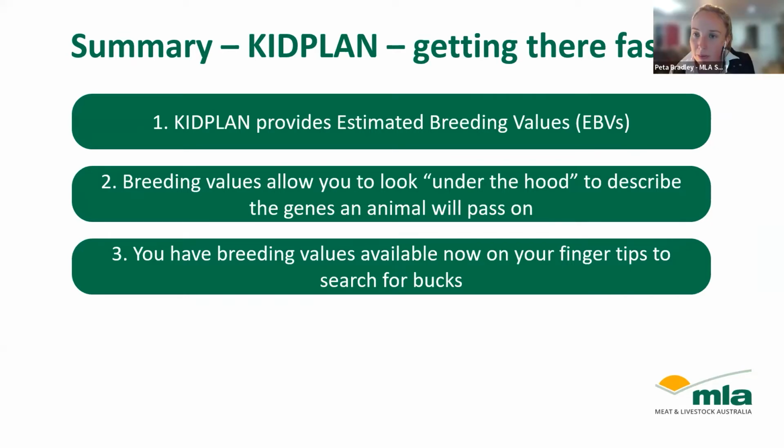Those EBVs allow you to look under the hood, using that car analogy I spoke about before, at what genes an animal will pass on to its offspring. I really recommend jumping on and having a look. If you're new to EBVs or understanding KidPlan, jump onto the search site on your computer or mobile and have a browse around. If you have any questions about using KidPlan, please contact us at Sheep Genetics, and I'm sure Mel will distribute some contact details later on. So thank you.